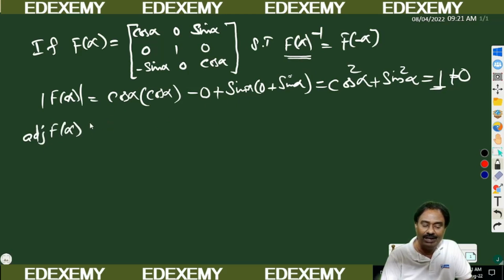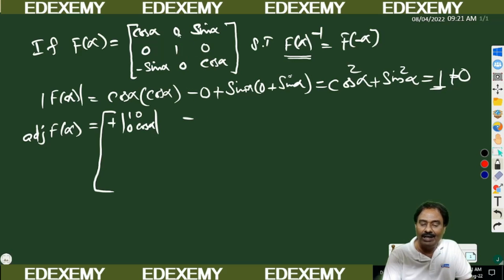What is adjoint of f of alpha? To find the inverse, we have to find adjoint of f of alpha. Now, plus, assign the sign, leave that row and column, you will get the determinant of 1 0 0 cos alpha. Now, for the second one, 0 you leave it as 0.